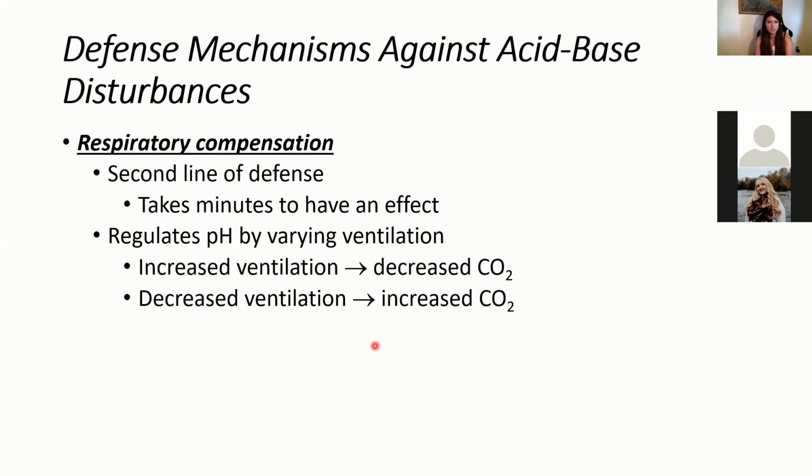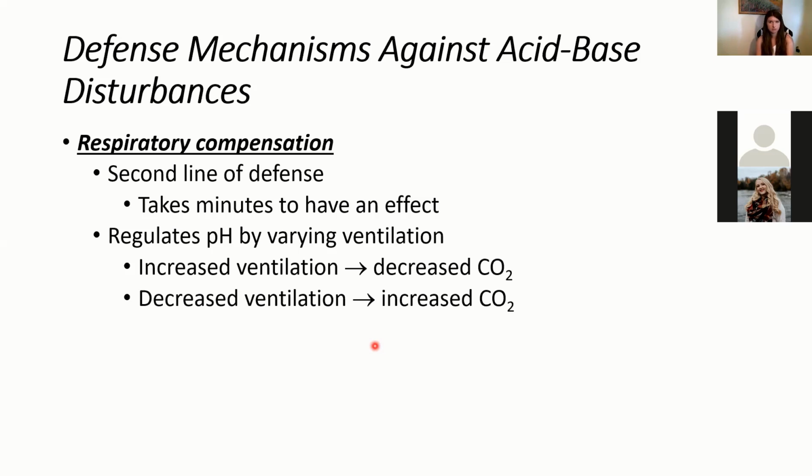And increasing ventilation is going to fix acidosis, because if you breathe faster, you're breathing out more. And as you're breathing out more, this decreases the carbon dioxide in your blood.